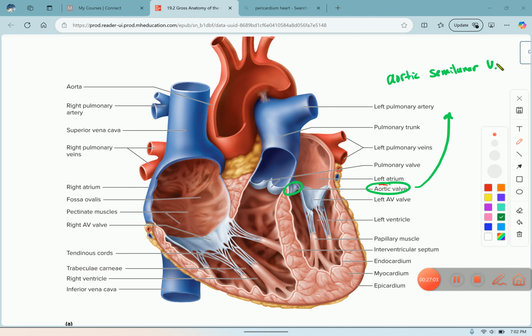Collectively, they are the semilunars. So you have the AV valves, 2 of those, and you have the semilunars, 2 of those.